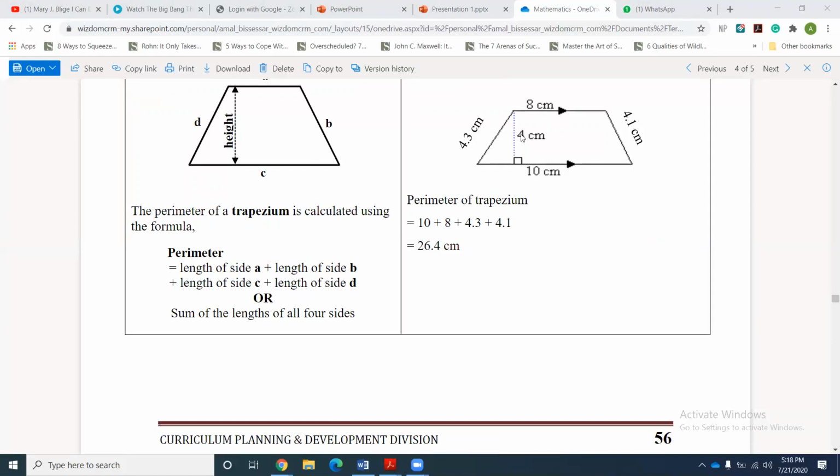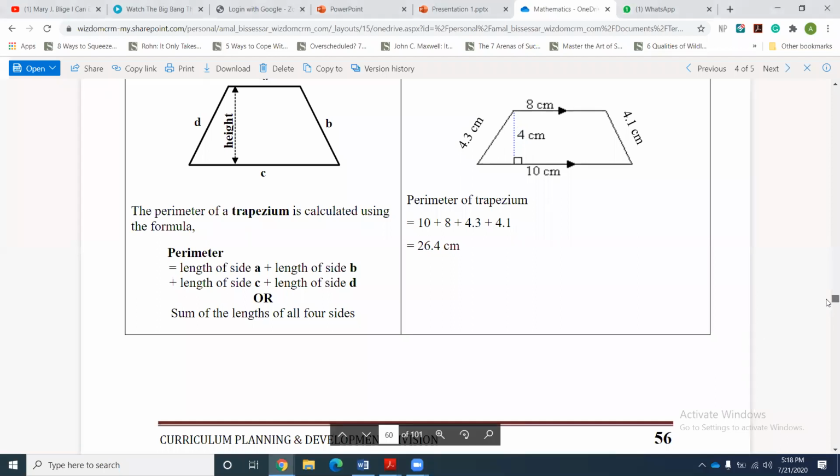I do not walk here. So if you make a mistake and you add that 4, wrong answer. That's why there isn't a formula. It's not necessarily you have to learn a formula. It's just the concept, distance around.